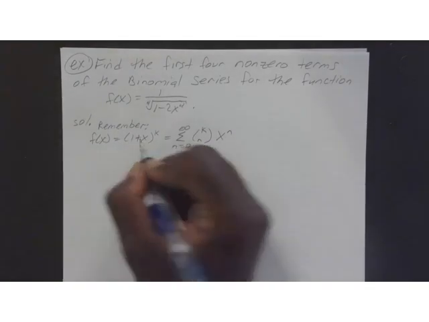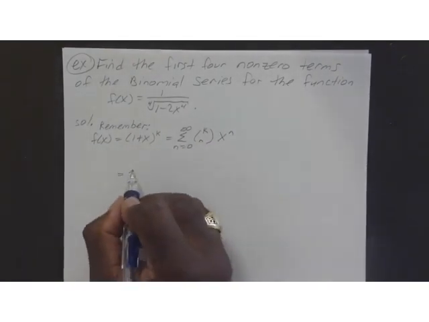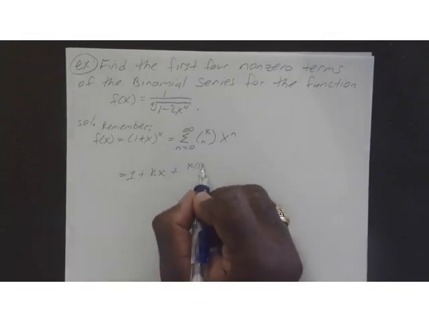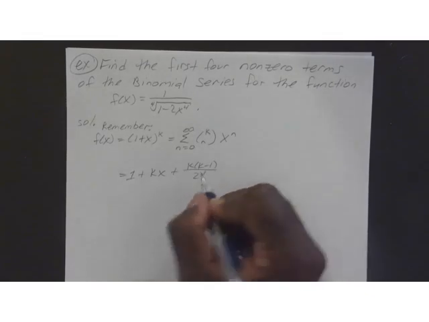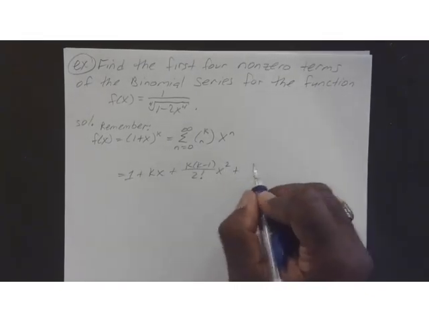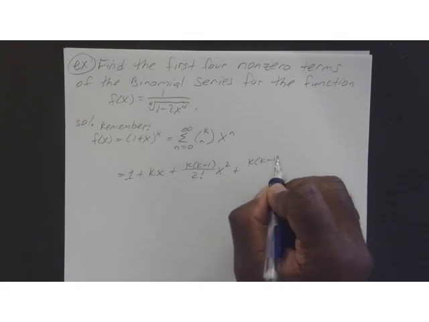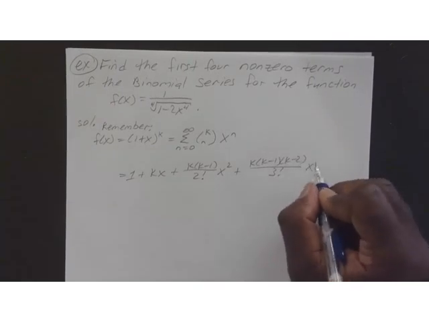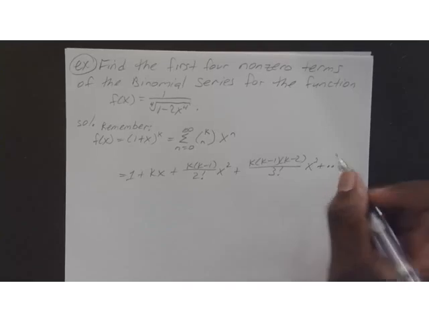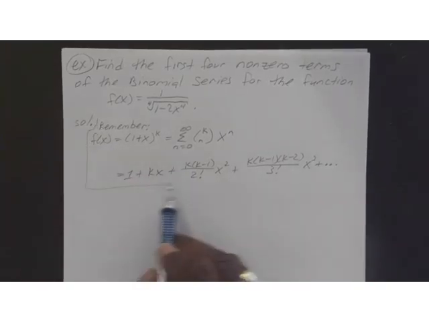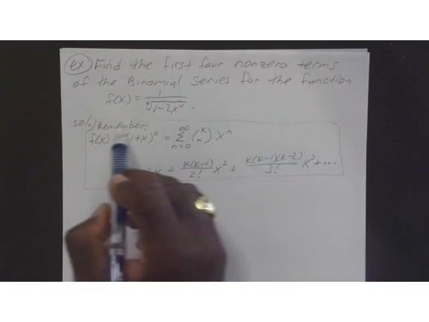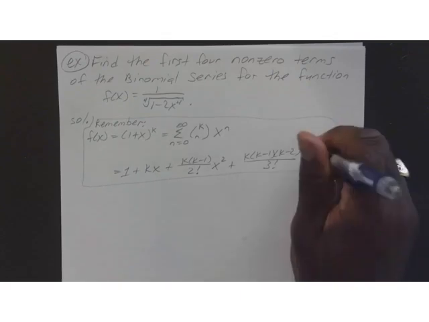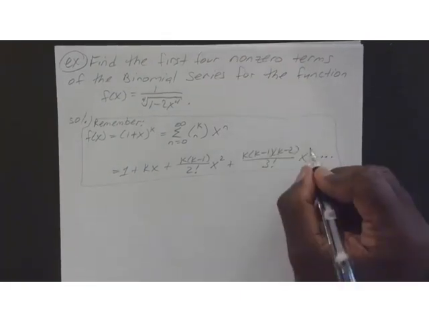So if we expand it, that just means we have 1 plus k times x plus k times k minus 1 over 2 factorial times x squared plus k times k minus 1 times k minus 2 over 3 factorial times x to the third power, and et cetera, and so on. So let me write that third power a little clearer. There we go.